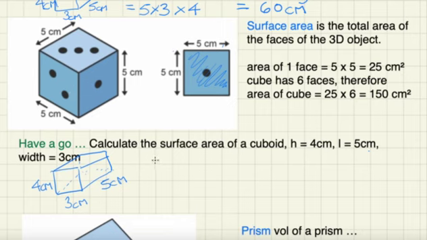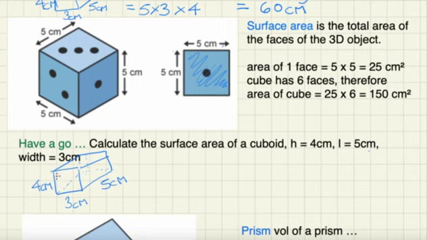So we have to realize that a cuboid has 3 pairs of sides which are identical. So this side and the one behind it are identical. This side and that one are identical, and the top bit and the bottom bit are identical. So we just need to do really 3 main calculations.